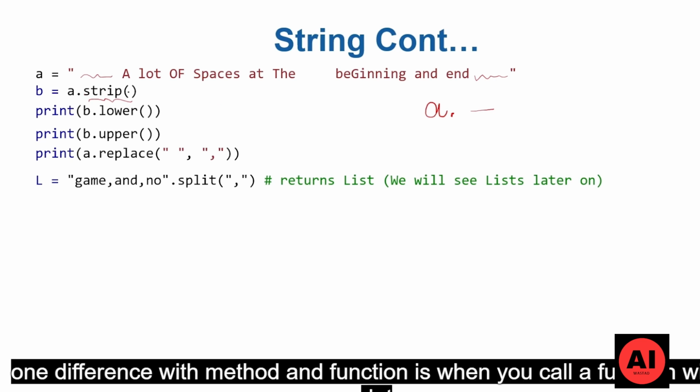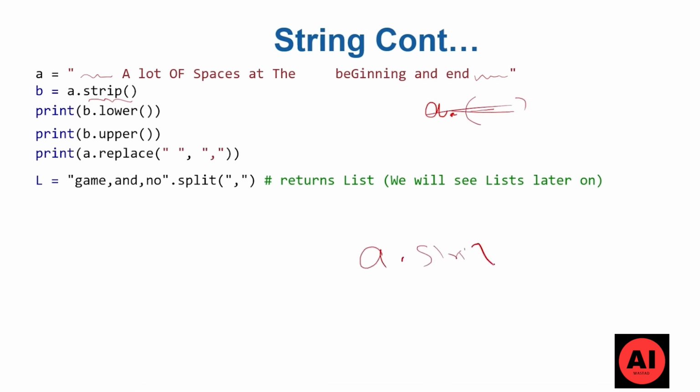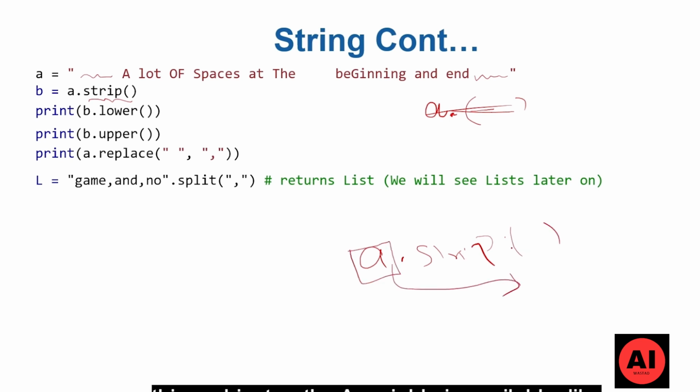One difference between a method and a function is that when you call a dot strip, then inside the definition of the function, this a object or variable is available, like you have passed that variable as an input argument. That's all you need to know about the difference between method and function. The rest of the story is perfectly okay even if you don't know.